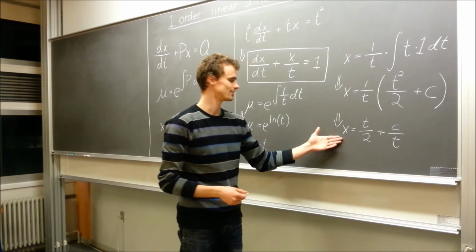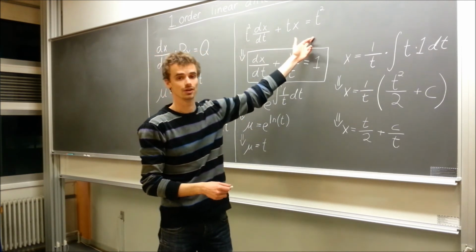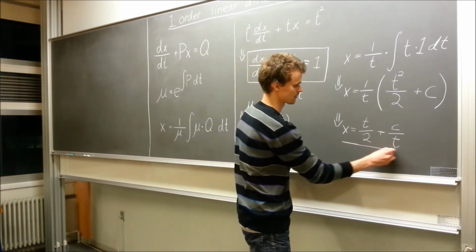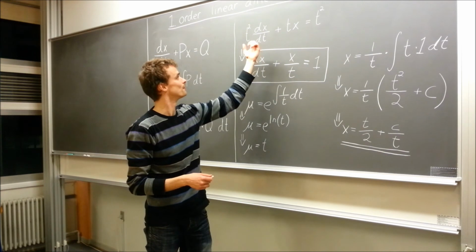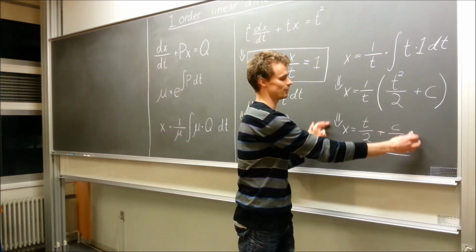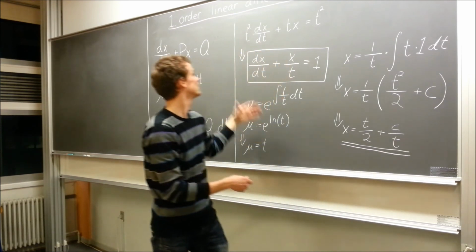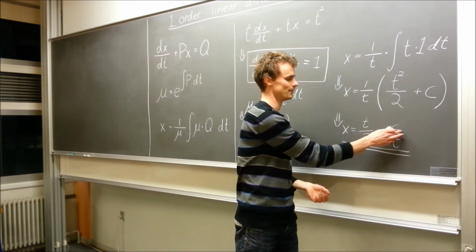So this is actually the solution for this differential equation. And because we didn't have an initial condition to start with, we have a whole family of functions that satisfies this equation, because c can have any value.